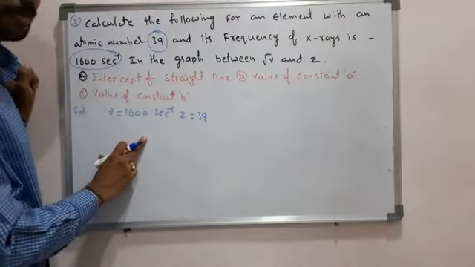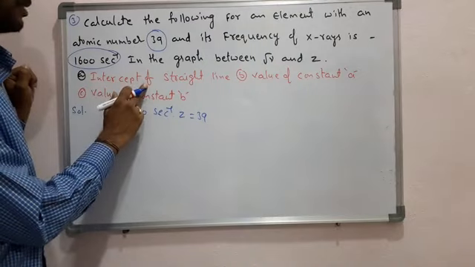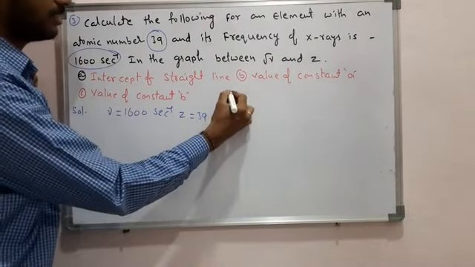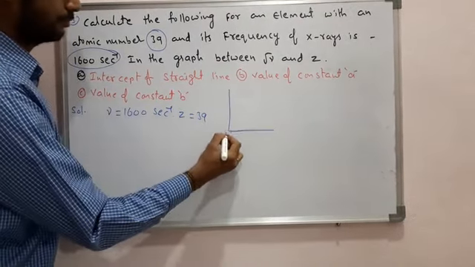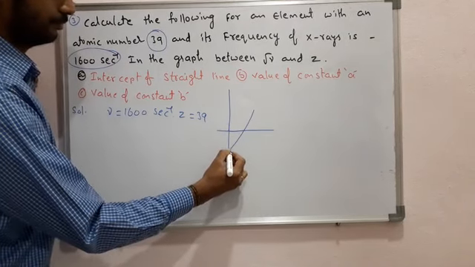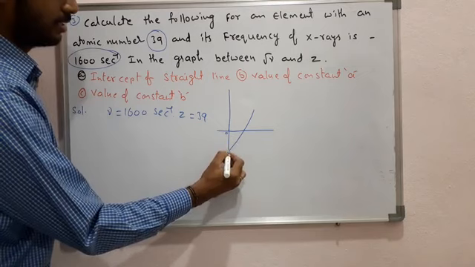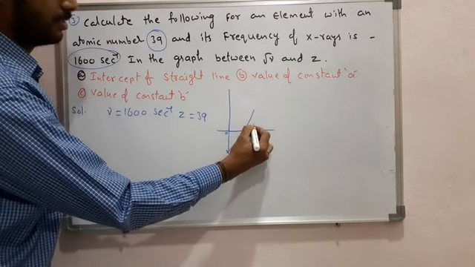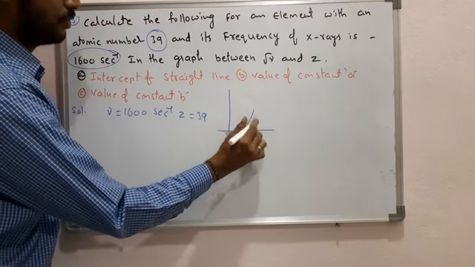Now we need to find, there are three problems. Find the intercept in the graph, that is, we need to find this OX intercept.